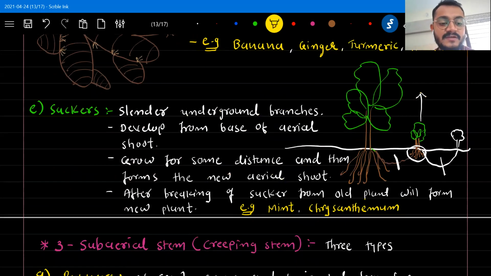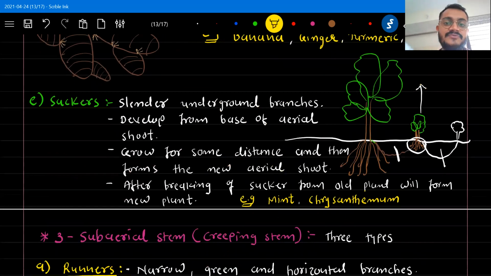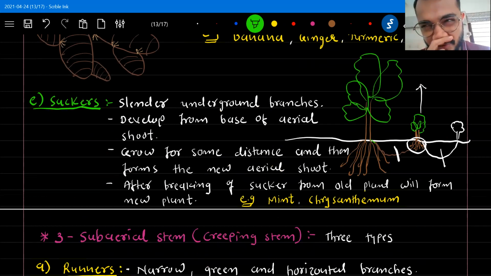The next type is the sucker. Sucker is also an underground stem, and it produces slender underground branches, as you can see here.